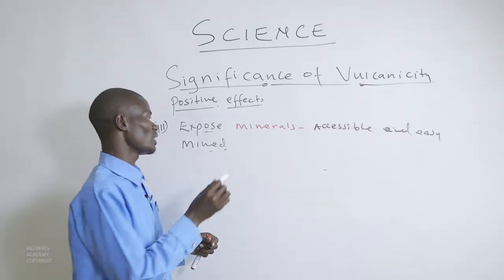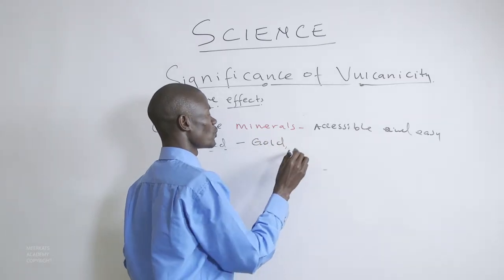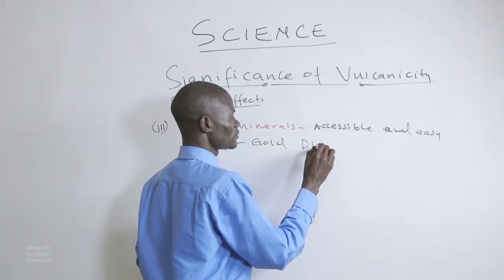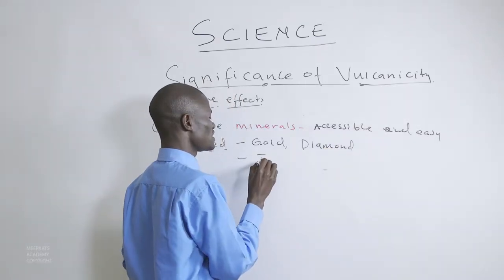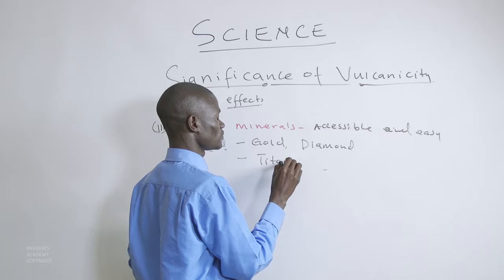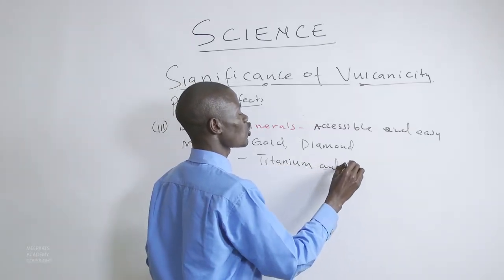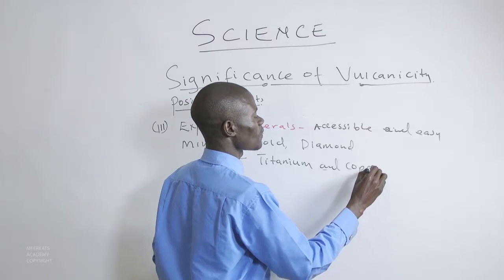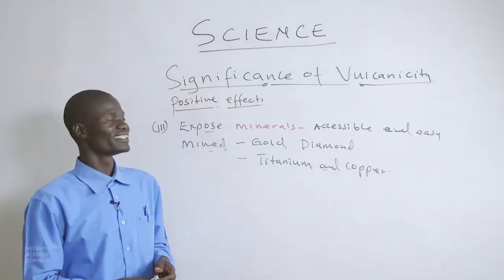Minerals such as gold can be brought to the surface. We have diamond, which is also very precious. We have titanium and tin or even copper. These minerals are very important.